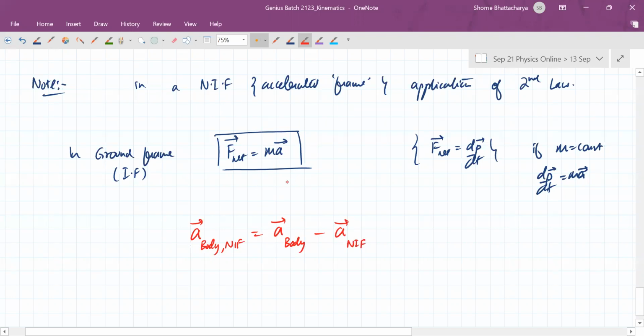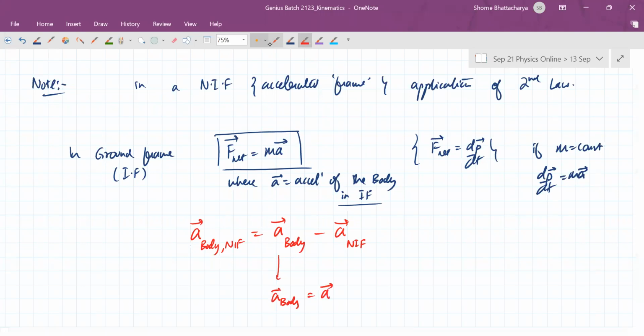So in this above equation, the acceleration of the body in the inertial frame, this thing here, we are writing as, okay.